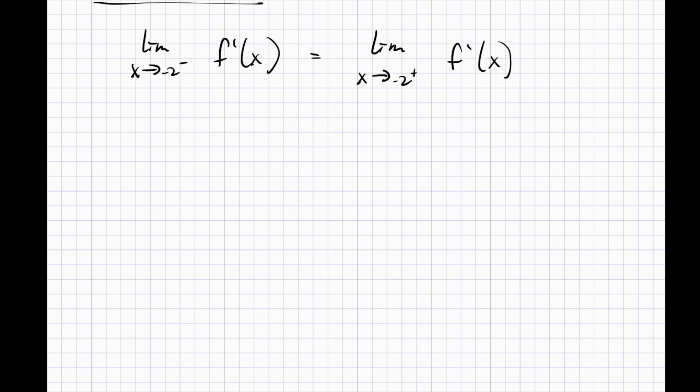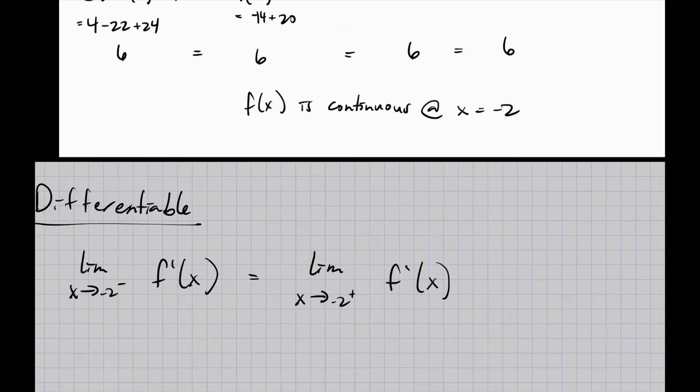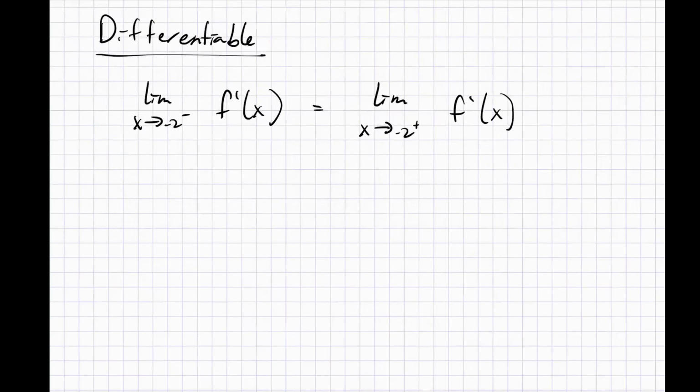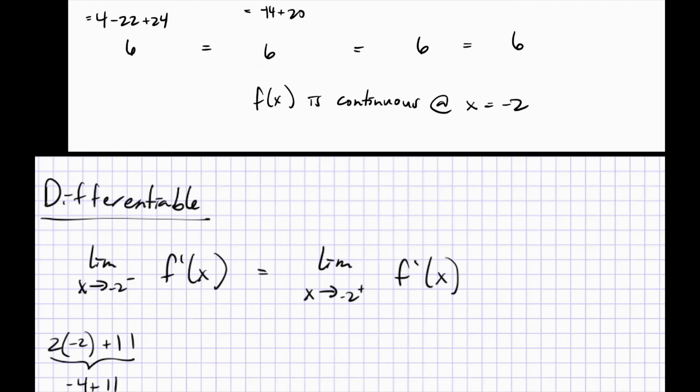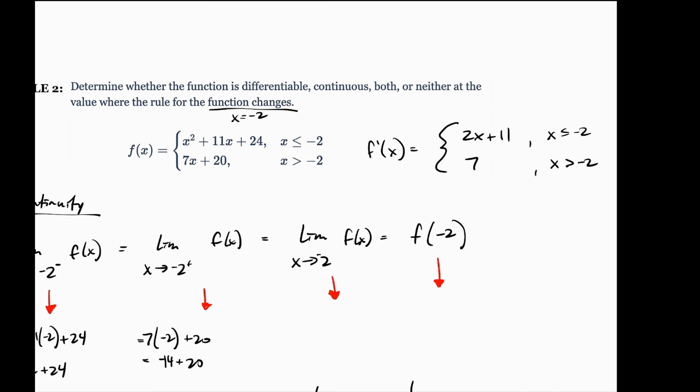So I'm going to plug in -2 to the top derivative, which is 2x plus 11. So I get -4 plus 11, which is +7. I'm going to do the same thing, but plug it into the other guy. Well, the other derivative, there's nothing to plug in. It's only 7.